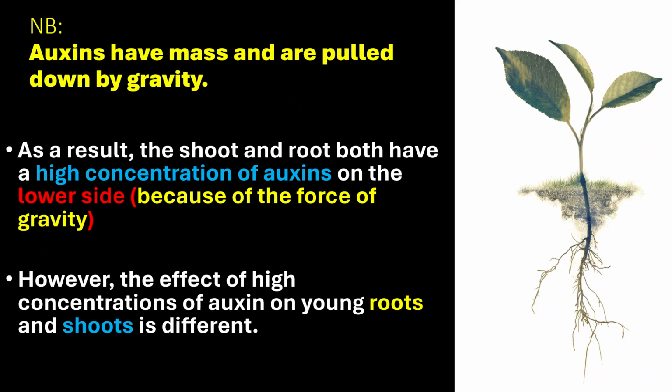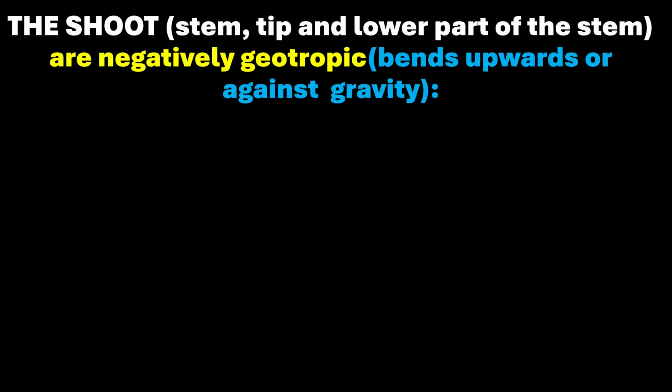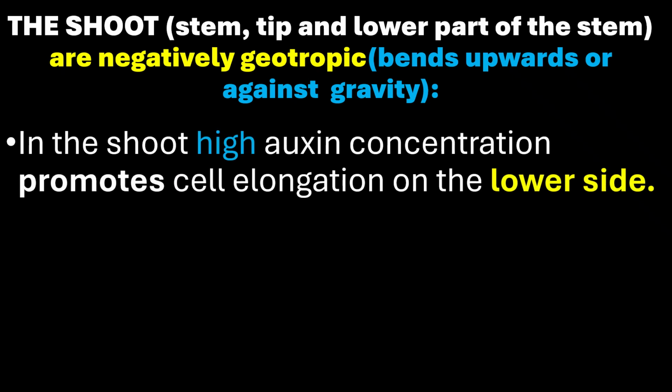Let's look at this. The shoot refers to the stem tip of the plant and then the lower part of the stem. The shoots are negatively geotropic. In other words, the shoots move away or bend upwards against gravity.